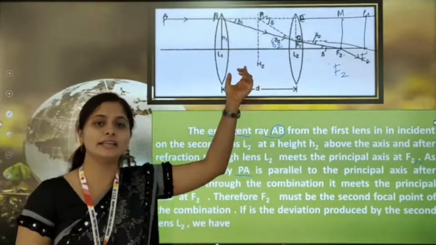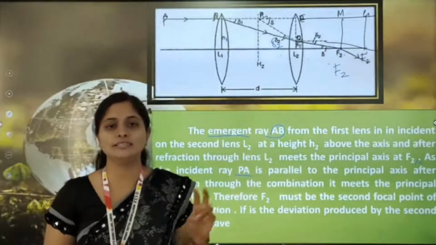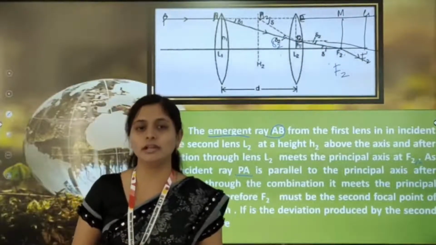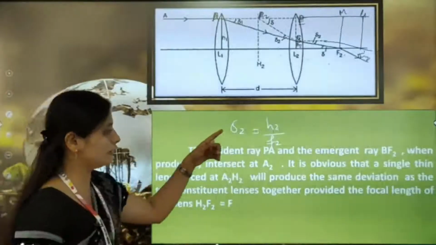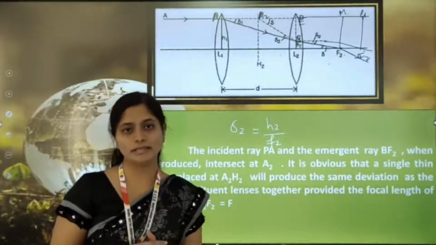It reaches F2, and there we get delta 2, the second angle of deviation, and we know that delta 2 equals H2 divided by F2. Clear?